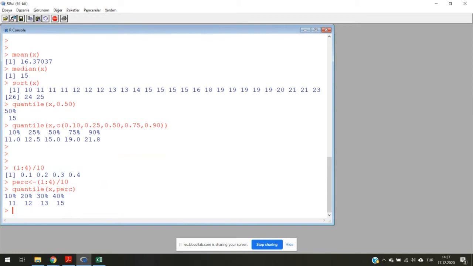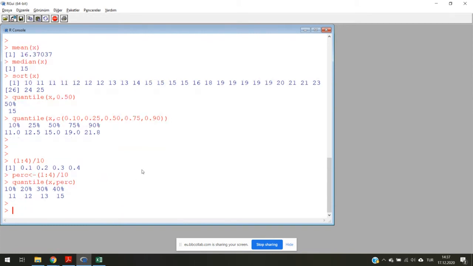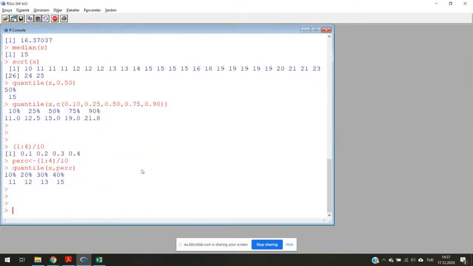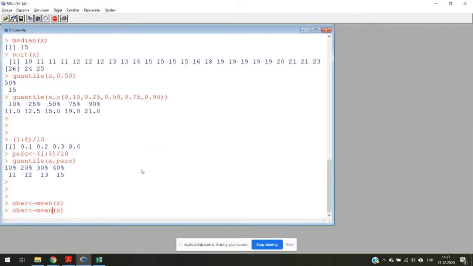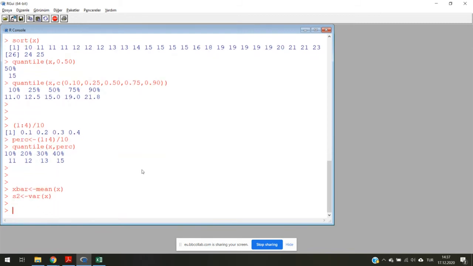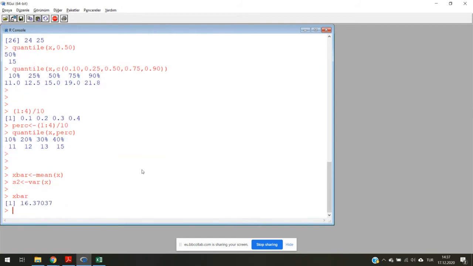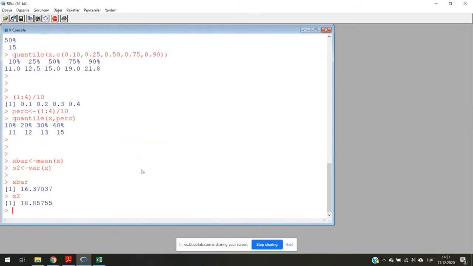All right, so another thing that we can calculate is the sample variance. So let's just say the mean of the sample is stored in the X bar variable, and we can also calculate the variance of the sample in the S2 variable. And this is the sample mean, and this is the sample variance.